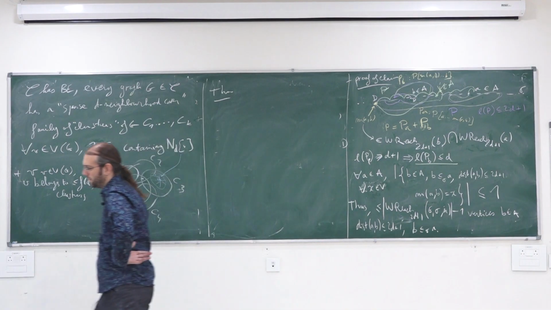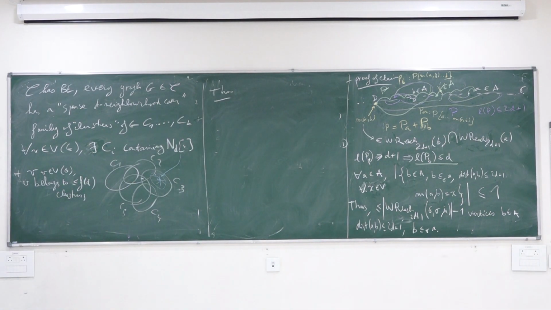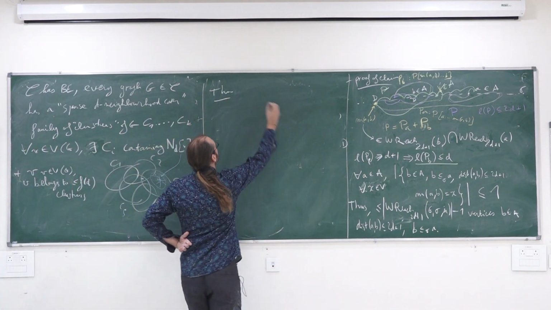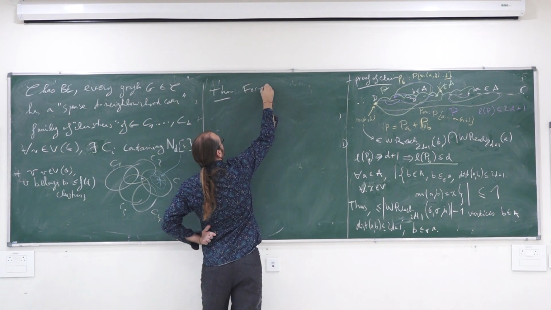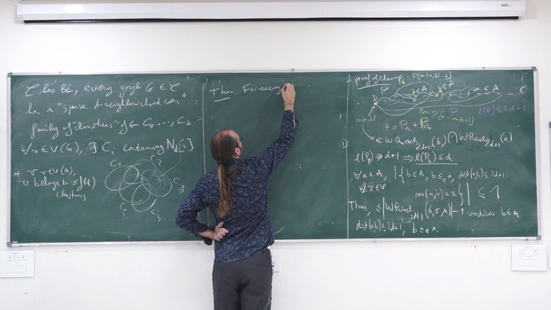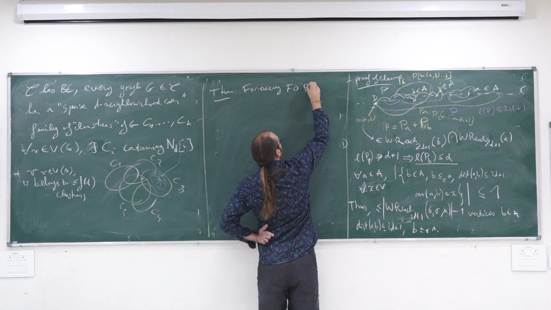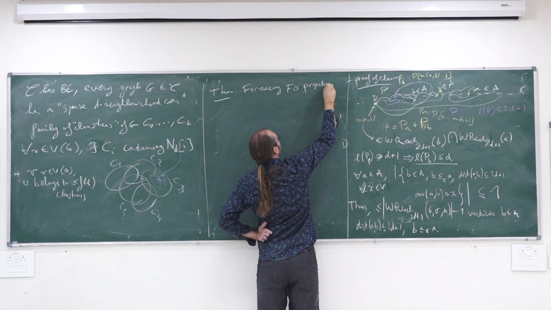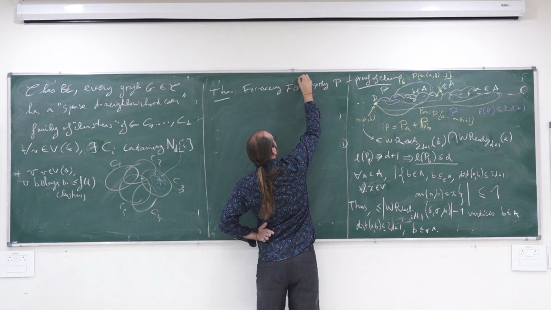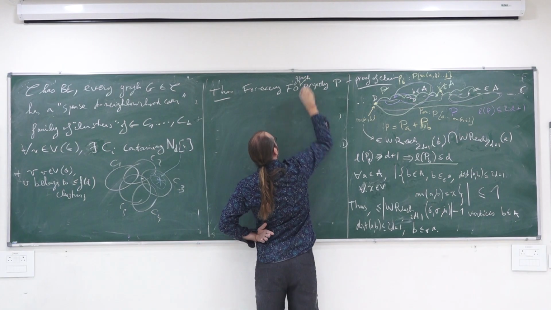Okay, I don't know about the bounded expansion one, but for every first order property P, graph property. So what does first order mean?